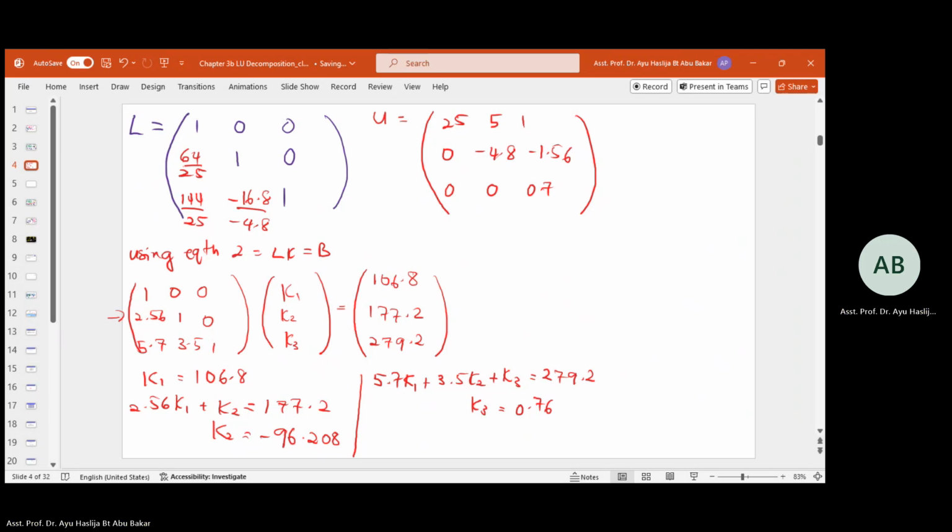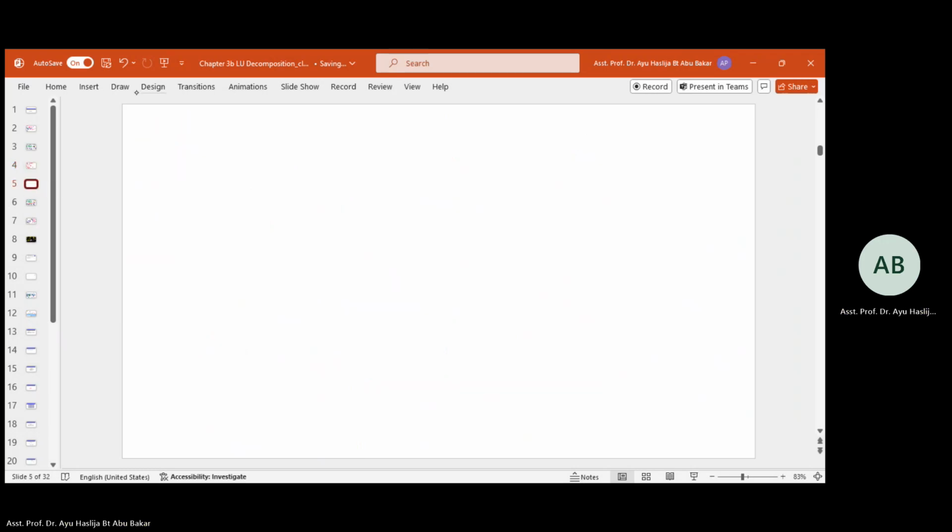Then with the known K, input into equation 1. Using equation 1, which is Ux equals K. U is known, the one that we found earlier. K is the one that we got just now.